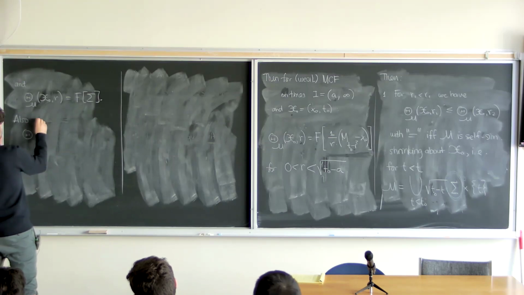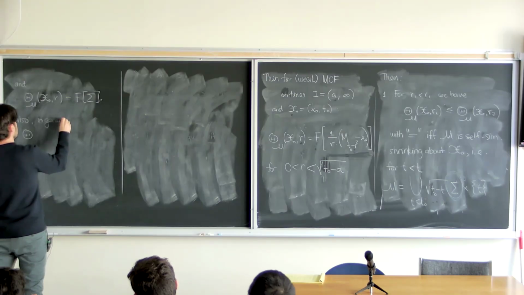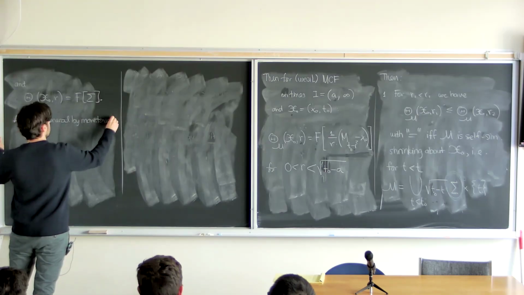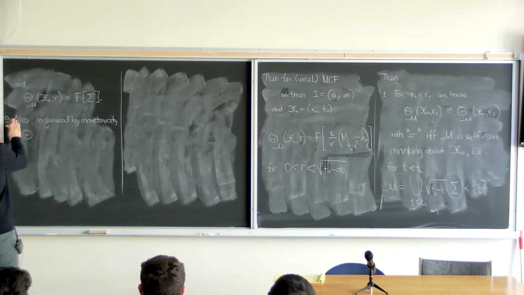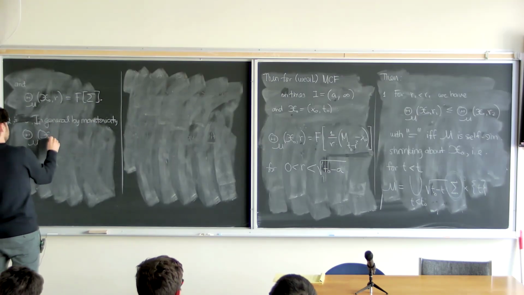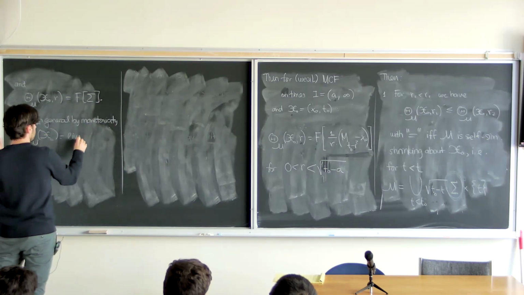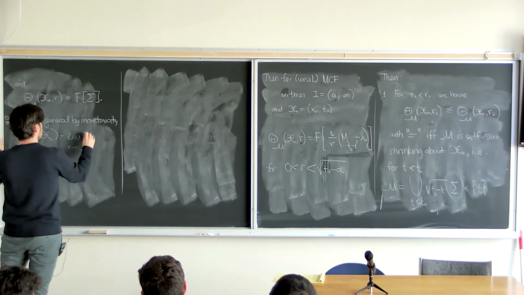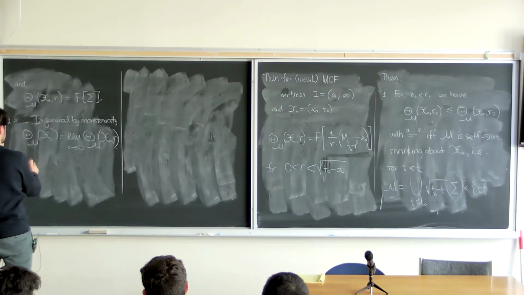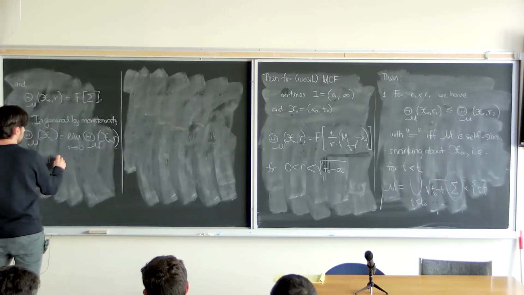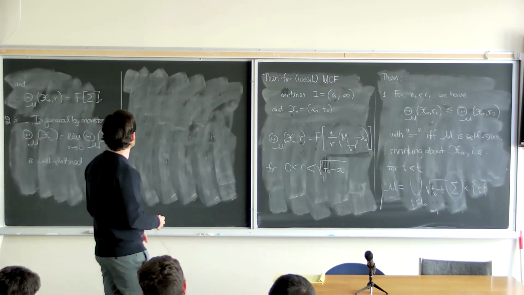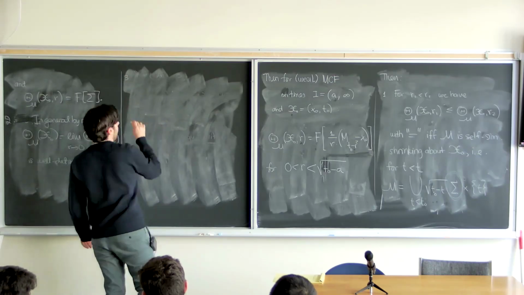This is in general by monotonicity. Let me call it number 2. You can define this. And finally, you can put these two things together to help you understand what these tangent flows look like.